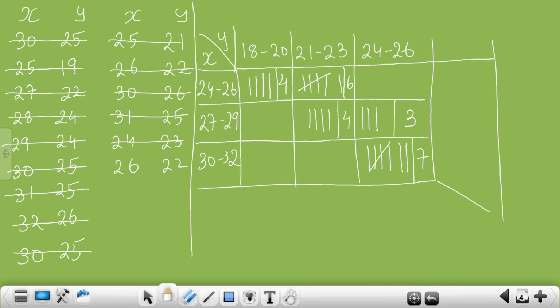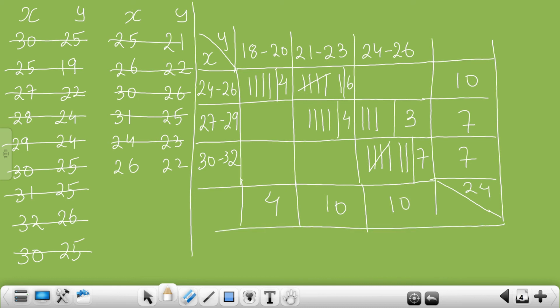So let us do that. It's 10, 7 and 7. Right, so 7 plus 7 is 14, plus 10 is 24. Similarly, if we take it vertically, it's 4, 10 and 10 again, which is equal to 24. So either horizontally or vertically, the value is 24.